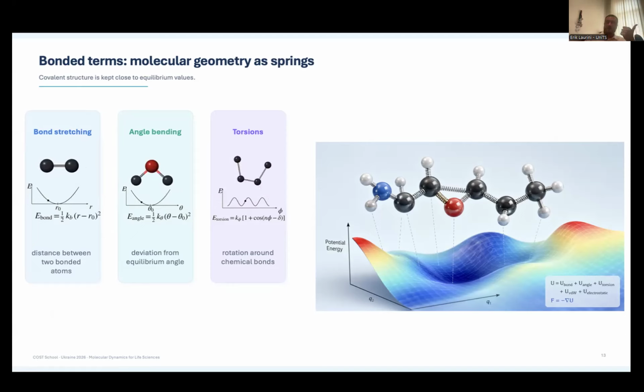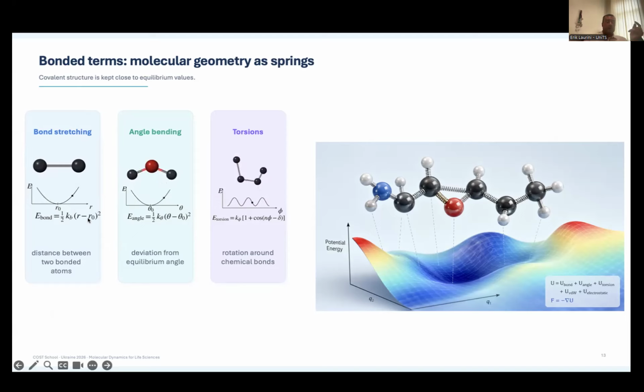A single bond will have a different Kb value with respect to a double bond, aromatic bond, or triple bond, but it also depends on which kind of different atom types are involved in the bond.